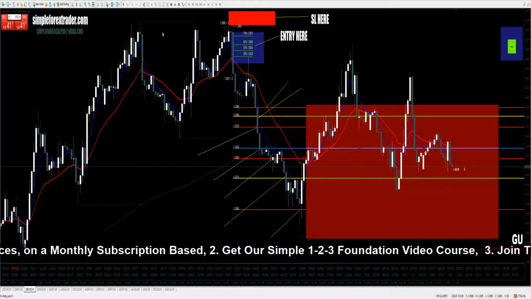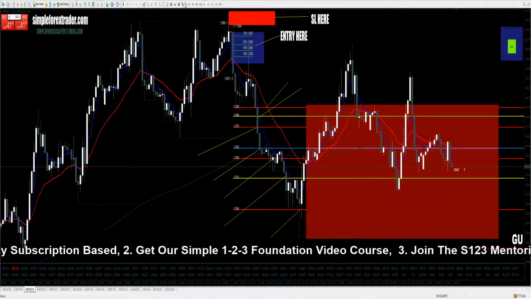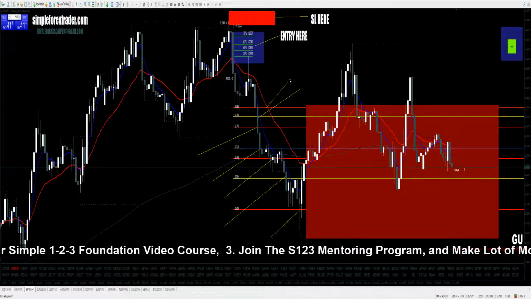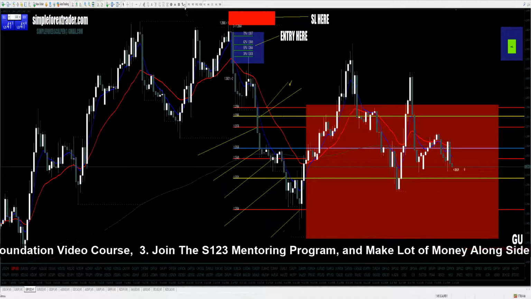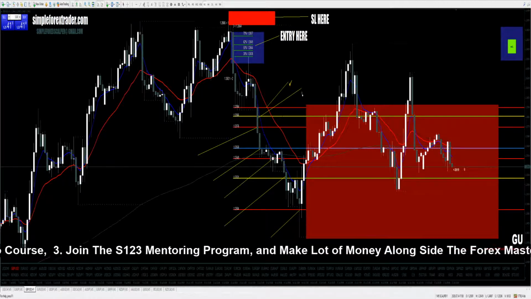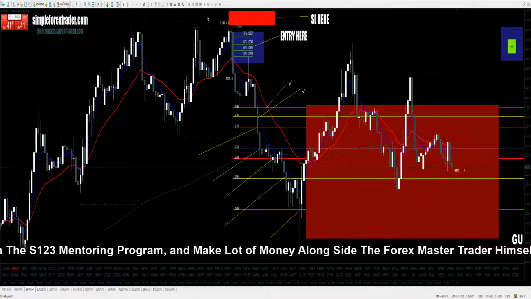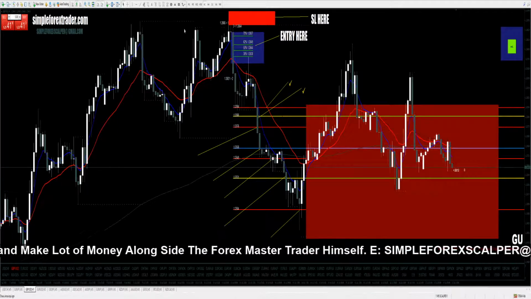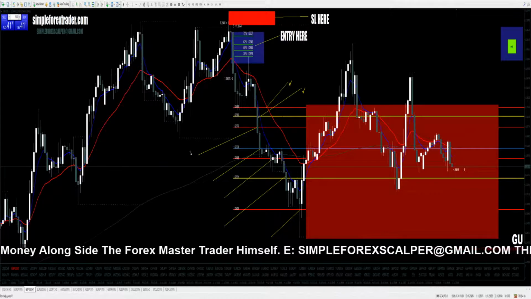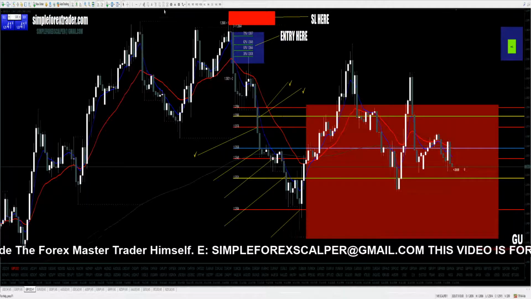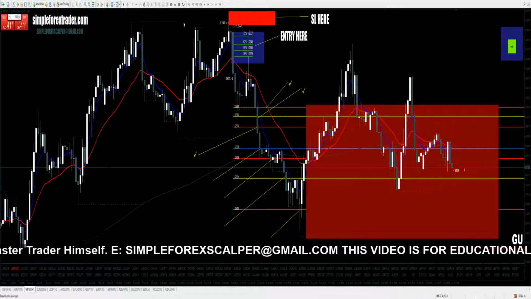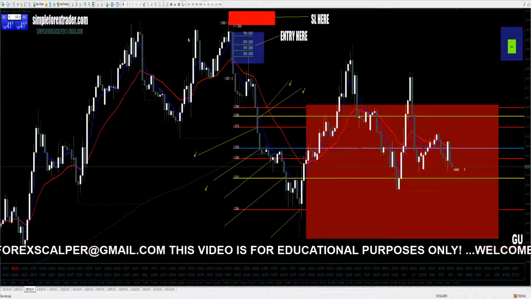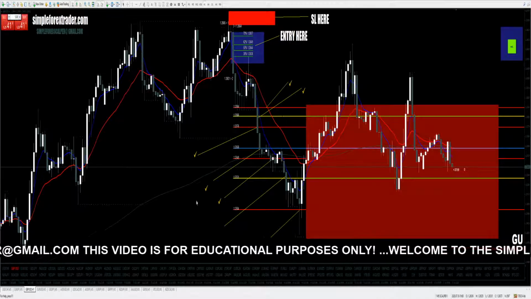So overall, you've got 6 targets where you can actually exit. If you want, you can exit here, your first target, or continue, keep going on the second target here. Keep going and continue to the third target here, and the fourth here, the fifth.